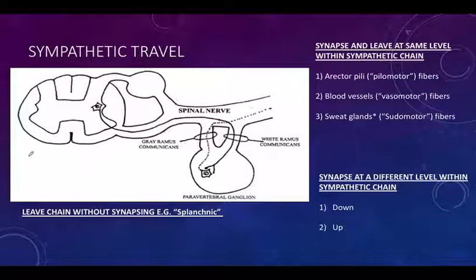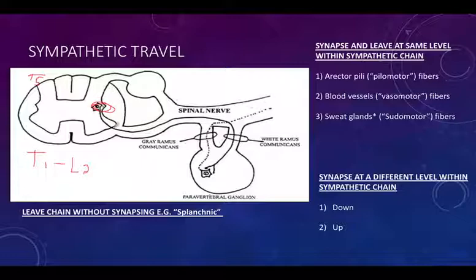So let's get started. Let's pretend this is one of the segments from T1 to L2, let's say T5. And remember, this is the IML, the intermediate lateral cell column, where the cell bodies are and where the pathway starts.